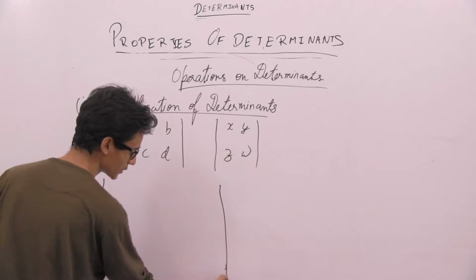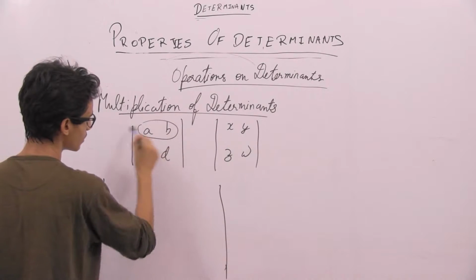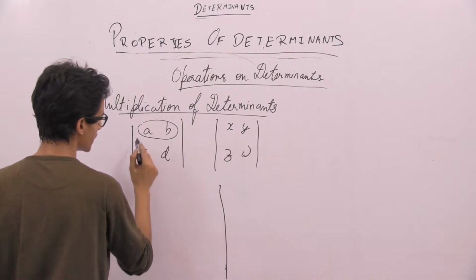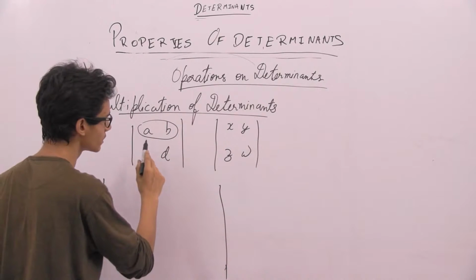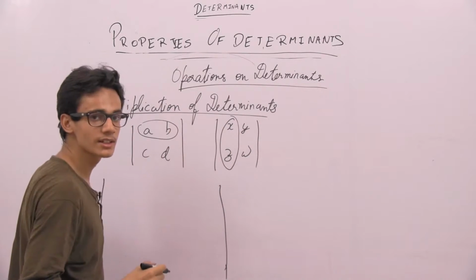So first we take this row of the first determinant, then we multiply the corresponding elements of the row to the corresponding elements of the column in the second determinant.